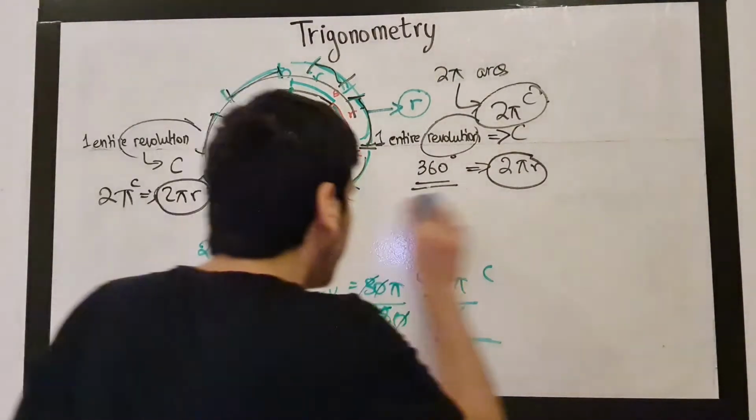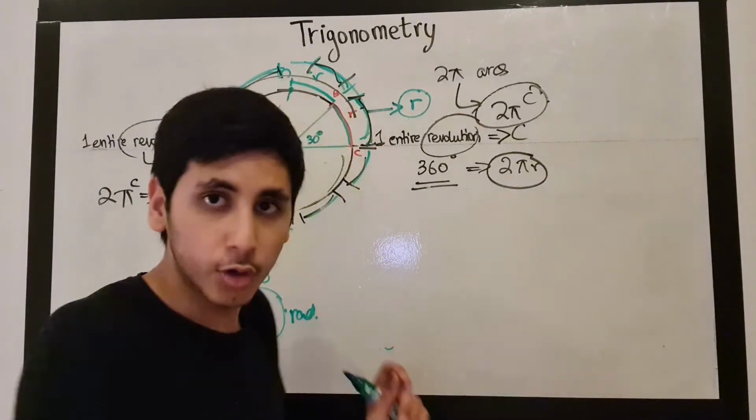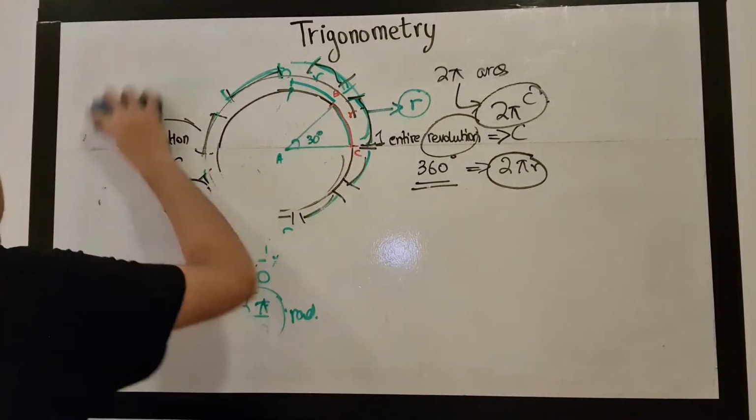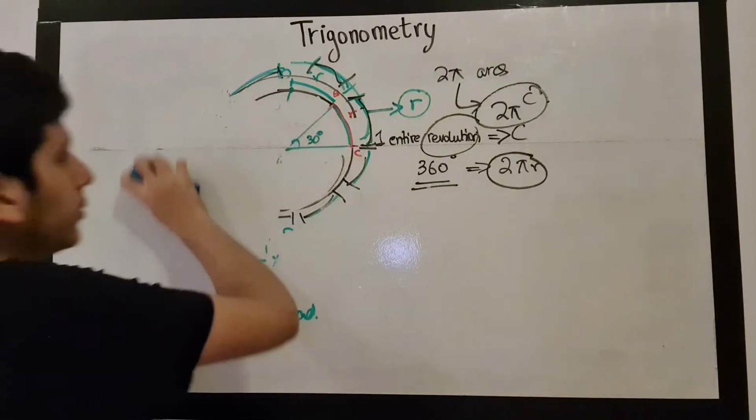Now let's talk about that relation. You may be wondering why we use radians in the first place, why we can't just have one unit.